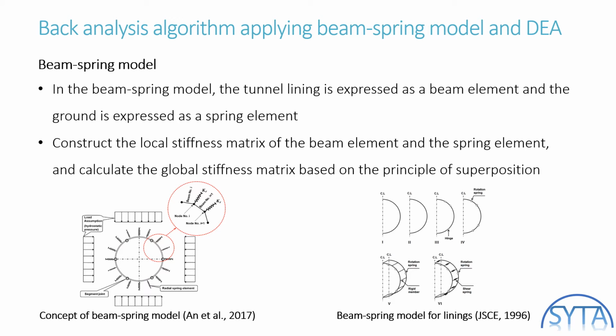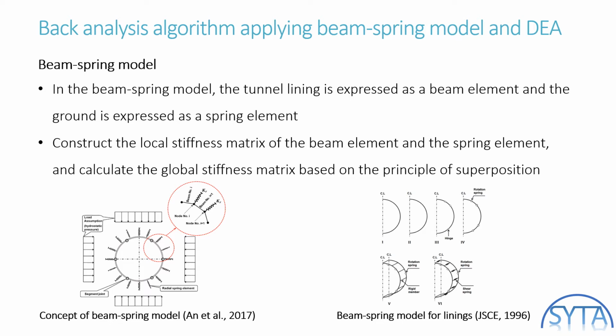The beam spring model is one of the structural analysis methods such as the elastic equation method, finite element method and finite difference method. In the beam spring model, the tunnel lining is expressed by beam elements and the ground by spring elements.